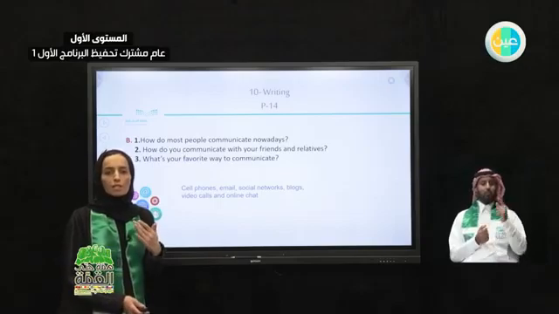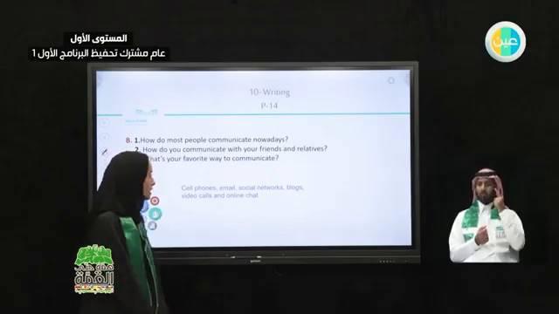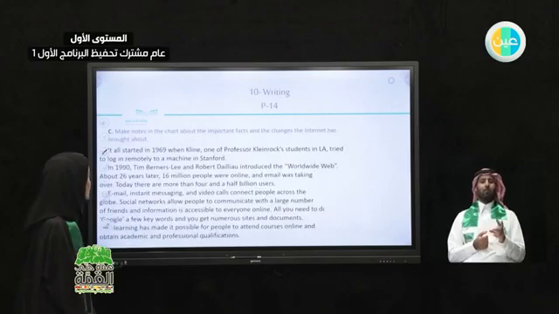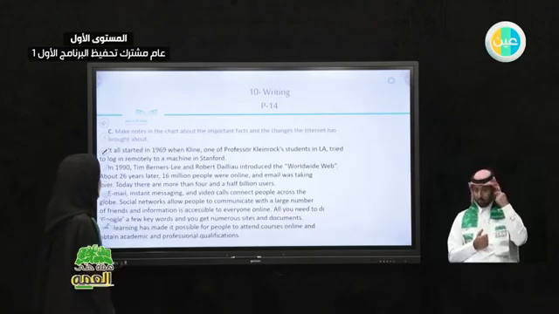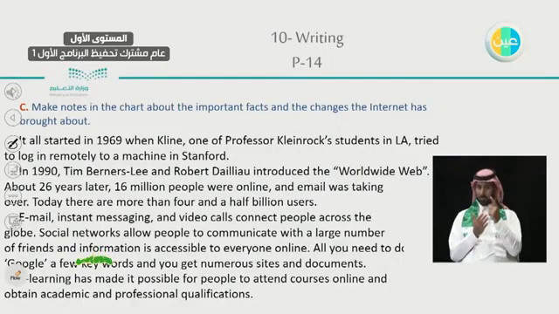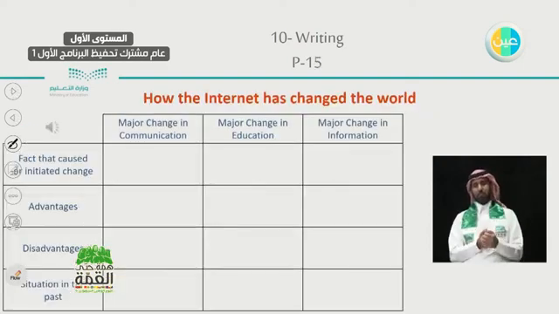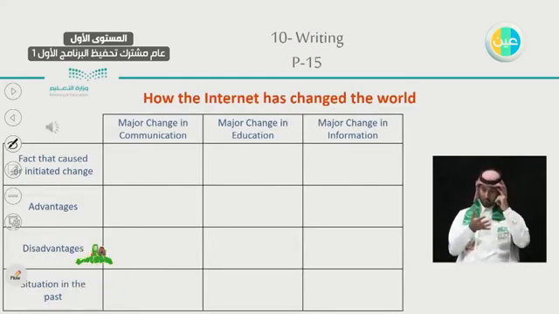So, personal preference. Okay, now what we're going to do here, you will listen to a text, and while you're listening, make notes in the chart about the important facts and challenges the internet has brought about. Okay, so we have this chart. We have facts about communication, education, information.